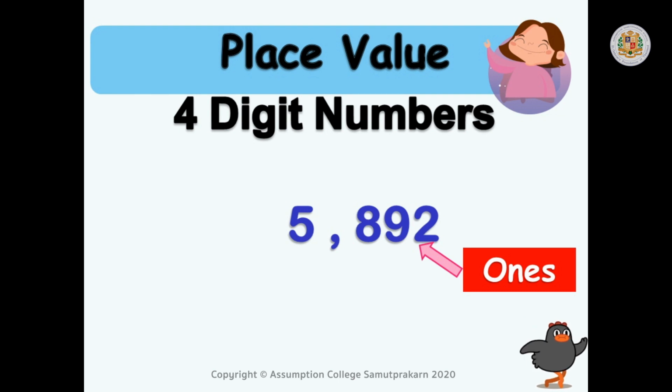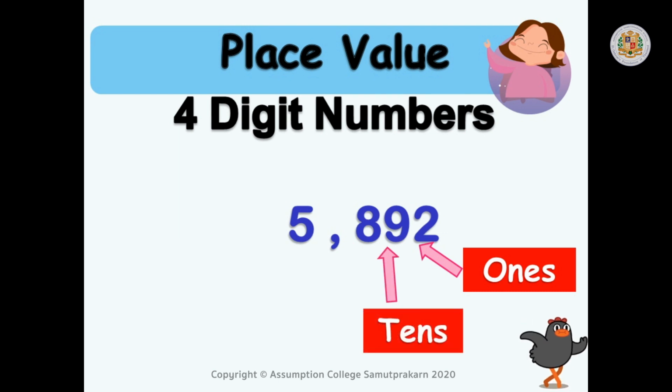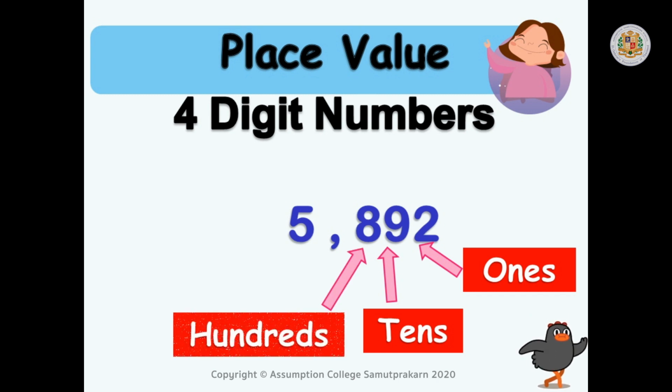Yes, it's 2. Digit 2 is in the ones place. What is the place value of digit 2? Yes, it's correct. Ones. How about digit 9? Very good. Tens. Digit 8 is in what place value? Hundreds. Correct. And the last digit, digit 5, what is the place value?